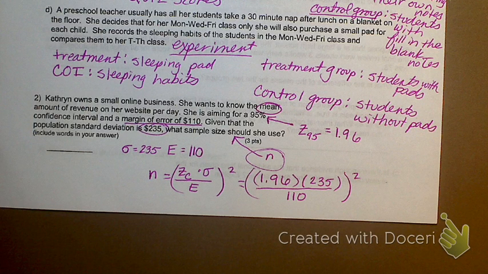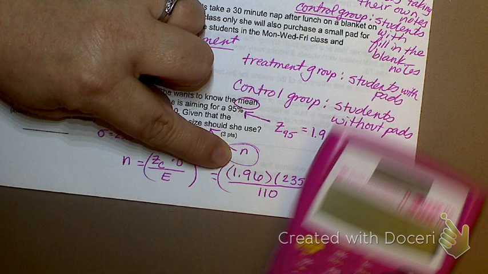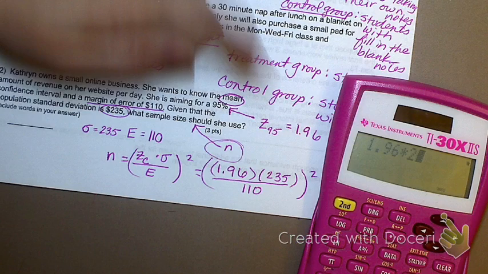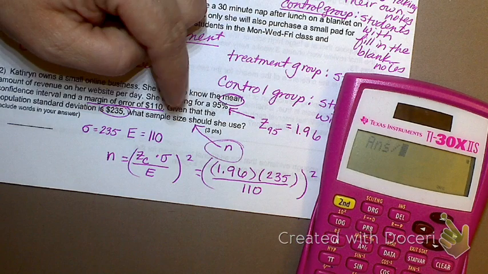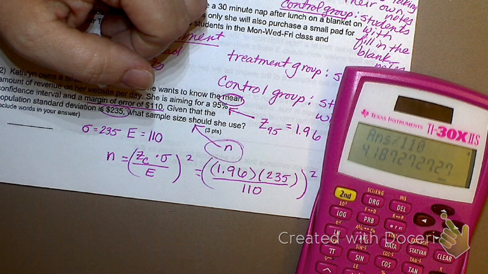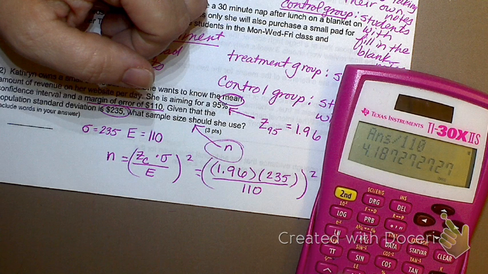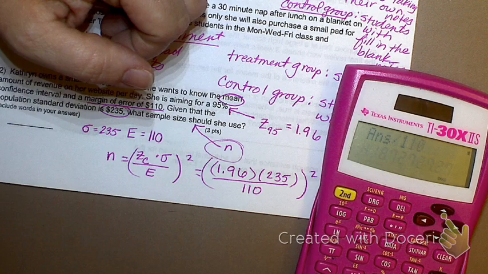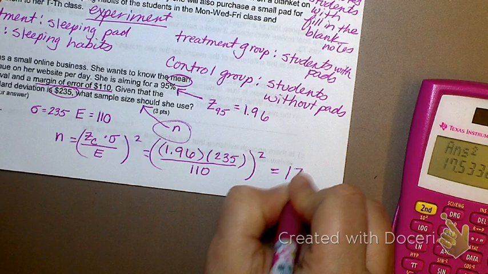So let me grab my calculator. Okay. 1.96 times 235 divided by 110 and squared. Gives me 17.5 or 17.53.